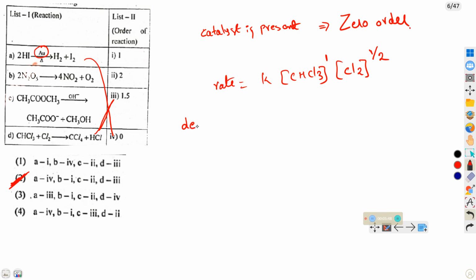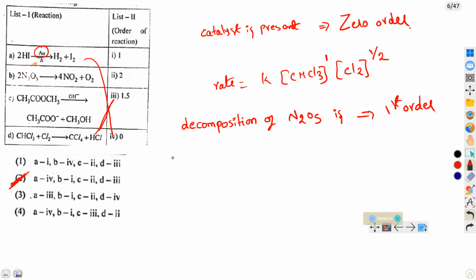That means remember, decomposition of N2O5 is a first order reaction. And one more, esters with OH minus give carboxylic acid anion, that means nothing but carboxylate ion, and alcohol.